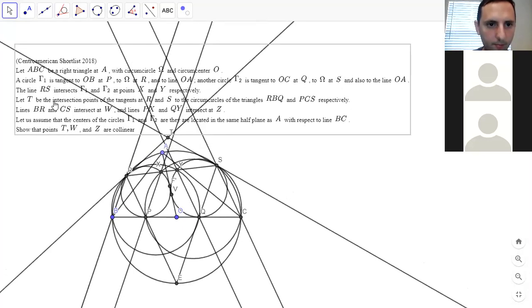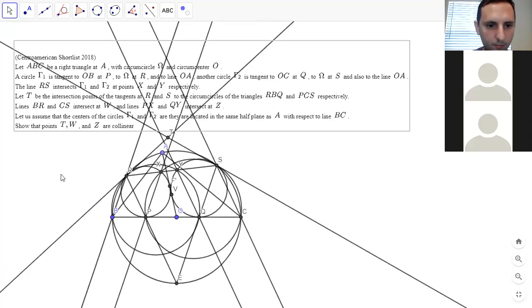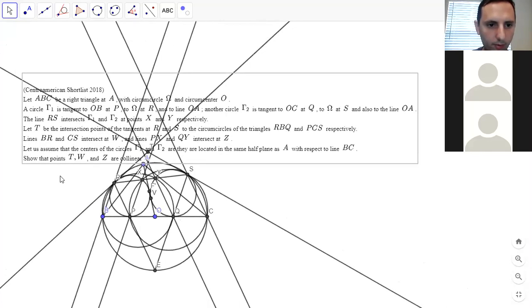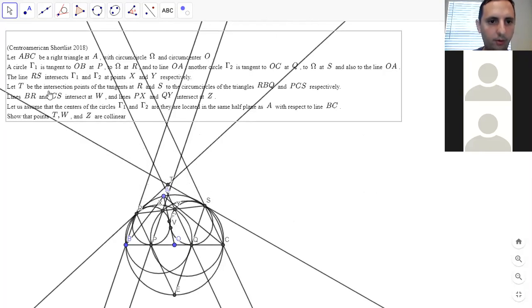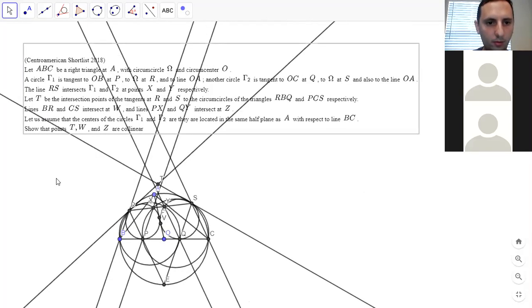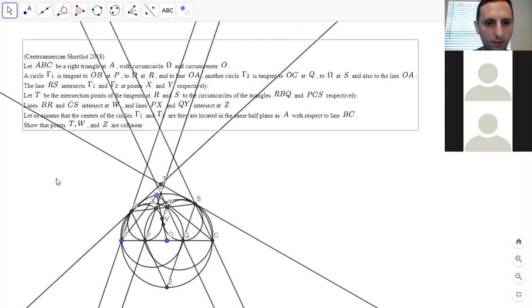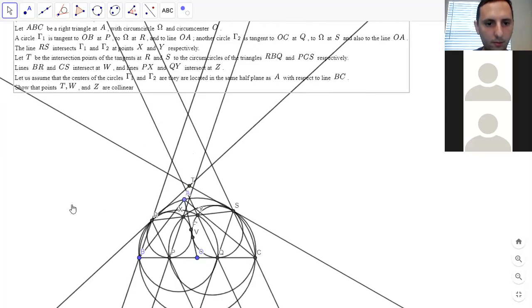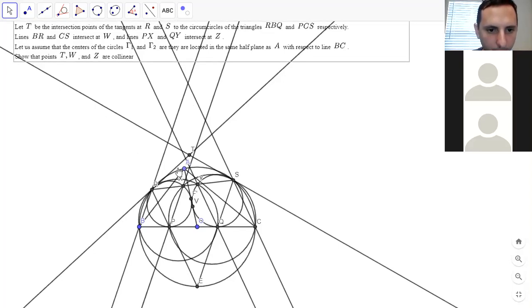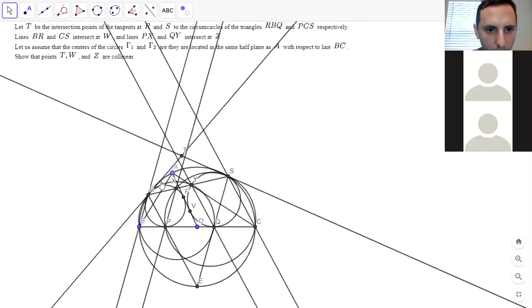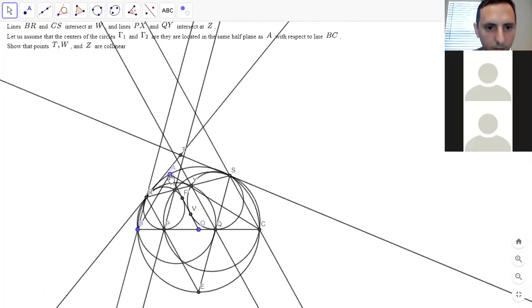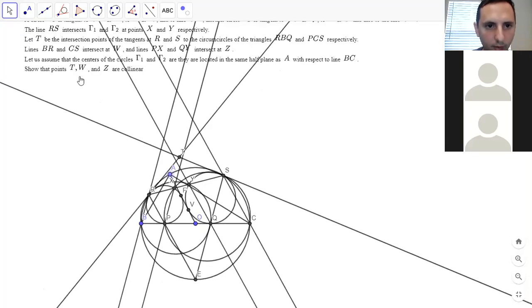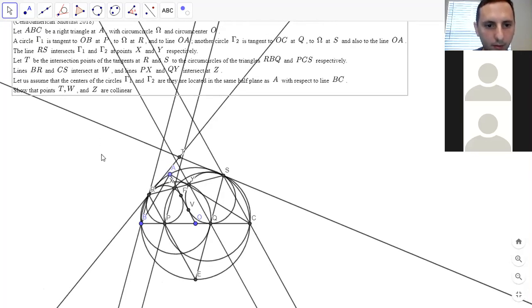I think the only way to do it is just to shrink the diagram if we want to see the whole problem. So, sorry. I'll just let it overlap the problem a little bit.